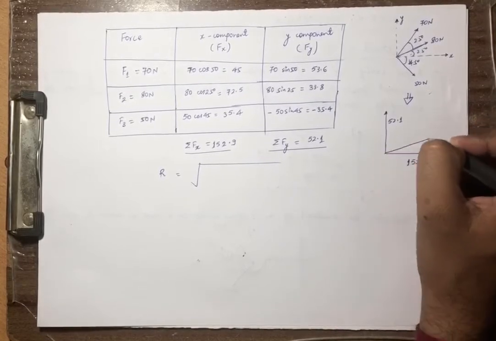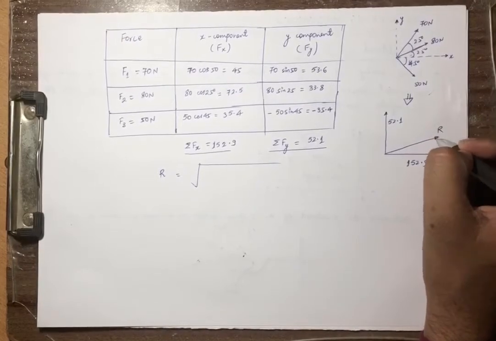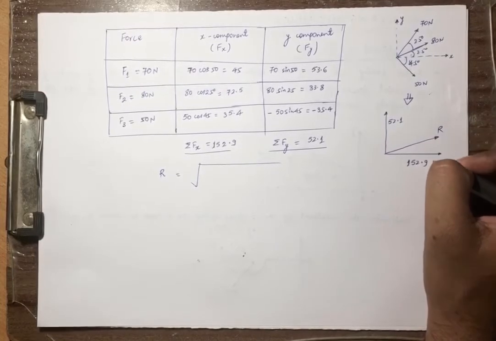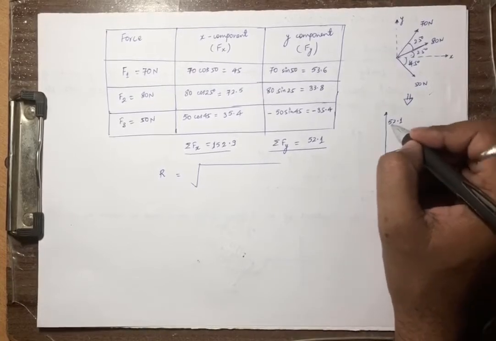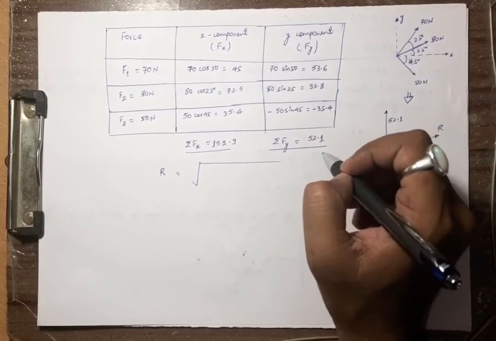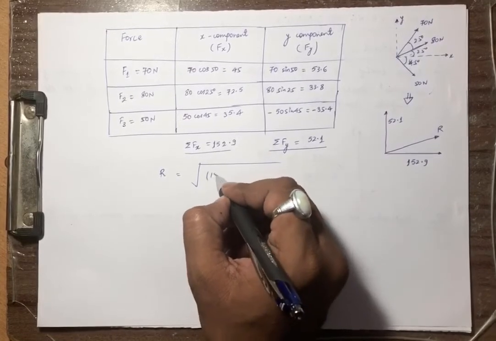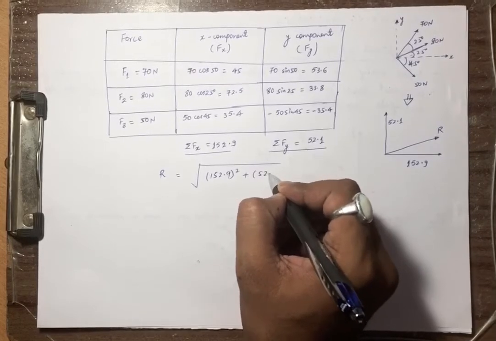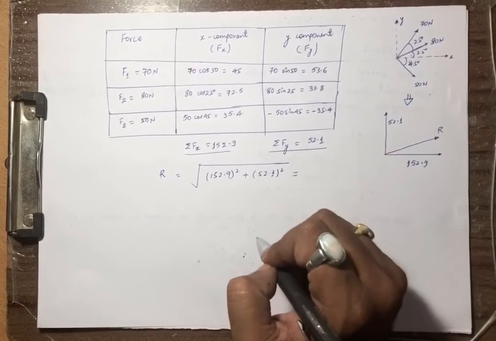So there will be some force R, which, if we are resolving this R, we will get Rx as 152.9 and Ry as 52.1. The summation Fx and summation Fy means this. So this resultant will be simply 152.9 square plus 52.1 square. Simple Pythagoras theorem.